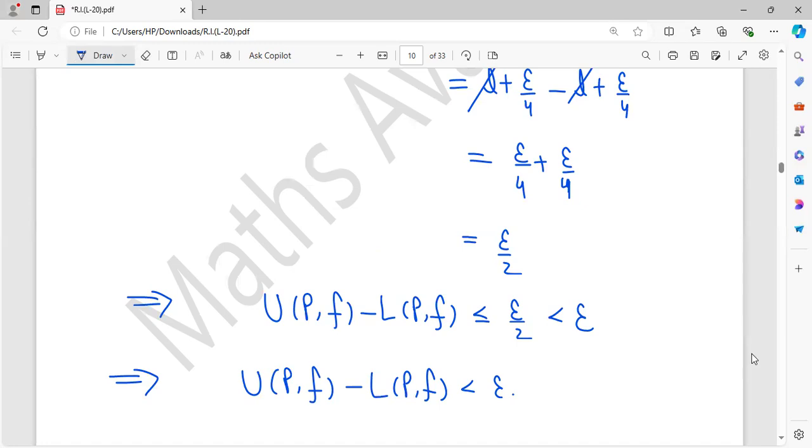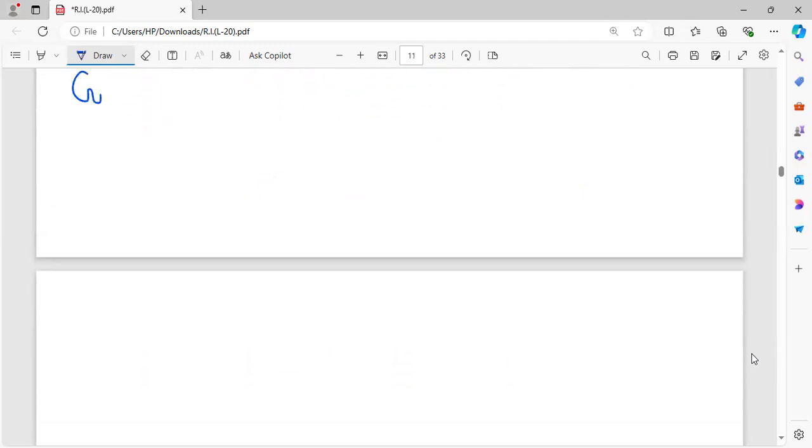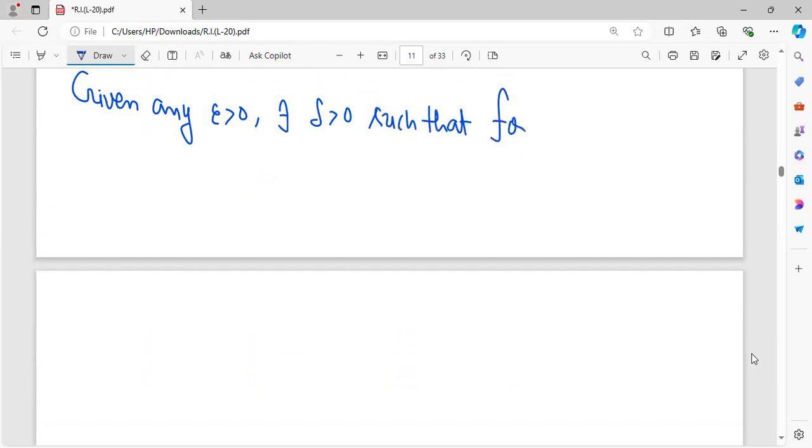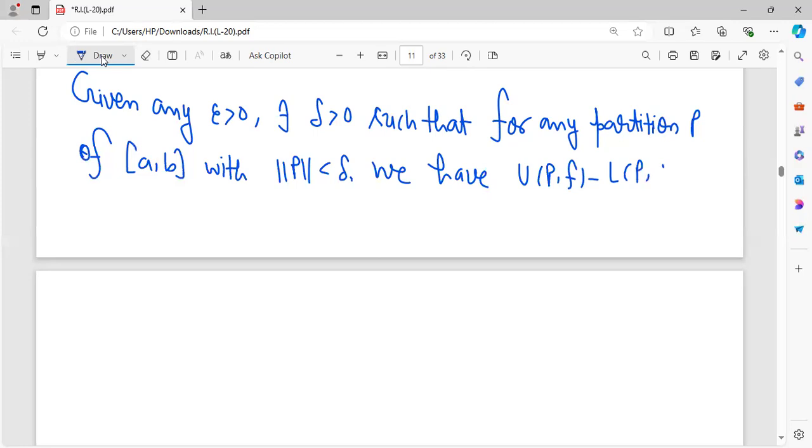Now, what we have? Given any epsilon greater than 0, there exists delta greater than 0, such that for any partition P of closed interval AB with norm P less than delta, we have U(P, f) minus L(P, f) is less than epsilon.